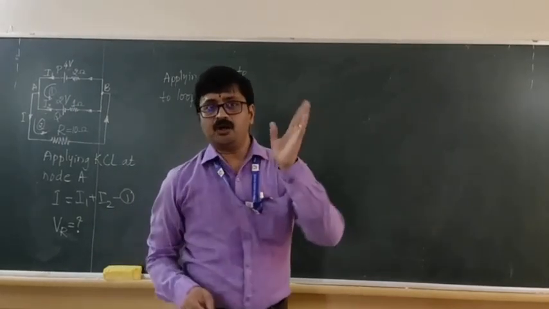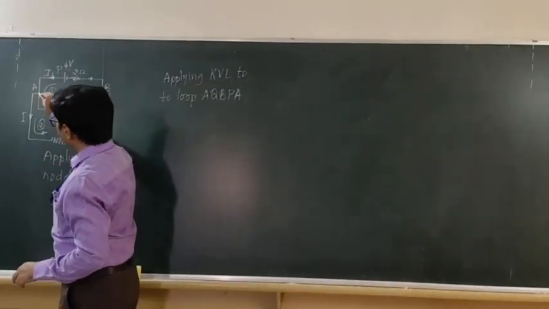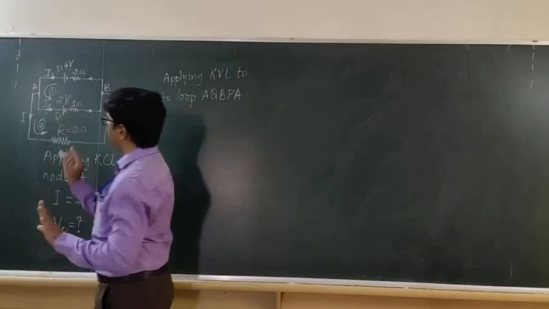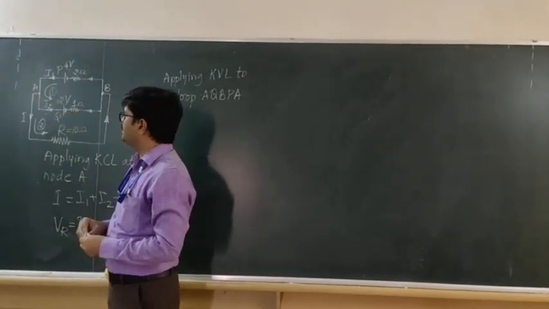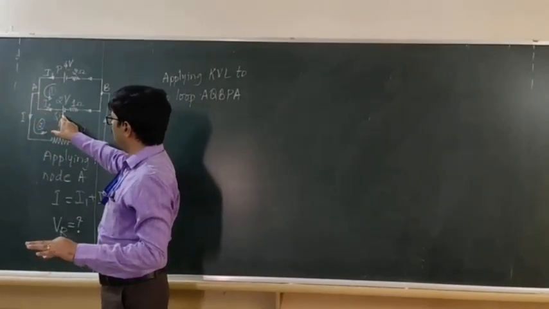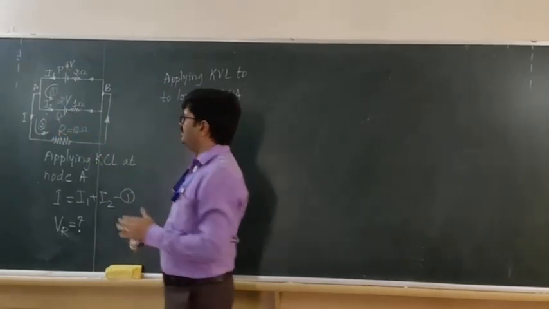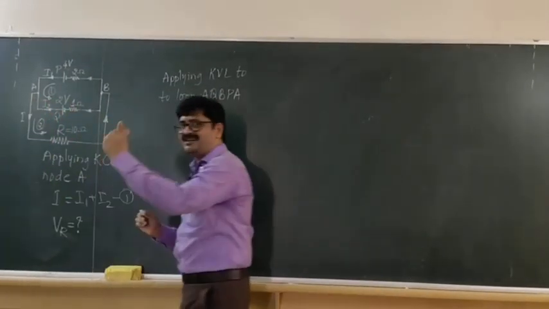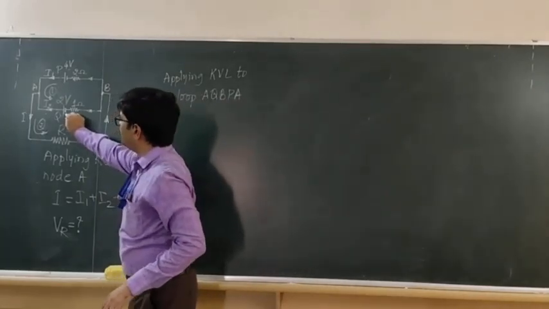I will make you recall once again the sign conventions. Remember here, what is the direction of traverse that we are having? A to Q is the first path. In this direction of traverse, we don't have any other resistance. First we will encounter the cell. And we are moving in the direction of traverse from positive terminal to negative terminal.